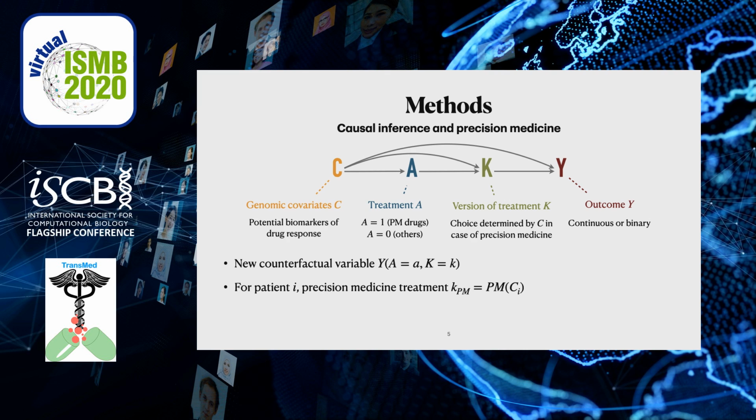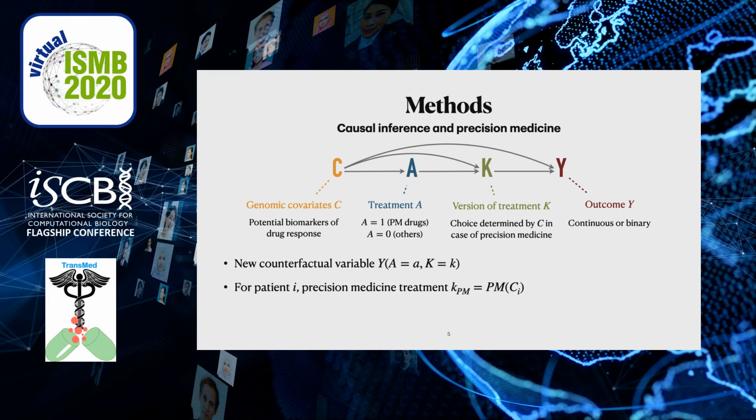We still have our genomic covariate C, and treatment A, but we need a variable K, the version of treatment, because in precision medicine, even if you are treated, you can be treated with different drugs. That's how precision medicine works. We need to take that into account to not just aggregate all the effects.